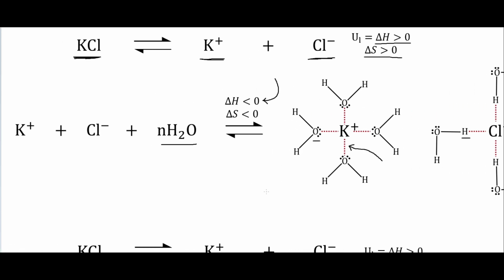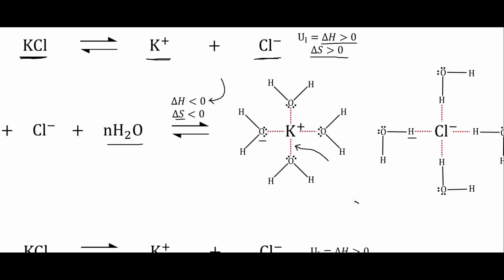That is, as I said, enthalpically favorable, but it is entropically unfavorable because we have to align these water molecules with these ions, and that's creating more order. If you want to think about it a little more rigorously, it's reducing the number of possible microstates, and so that is reducing the entropy.